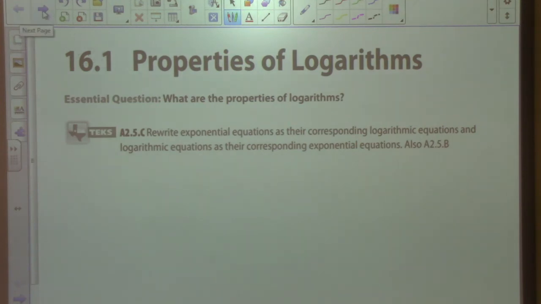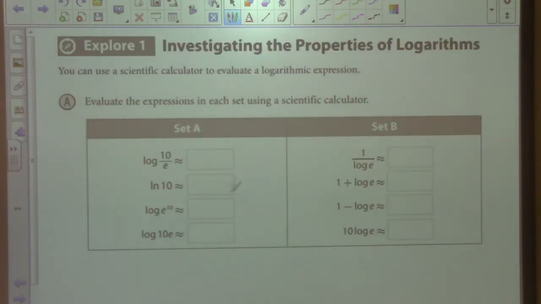So the first thing we're going to do is an exercise to investigate the properties of logarithms. This is an exercise in your calculator. I want to show you where some of the keys are for this. We've already checked out the E key, right?